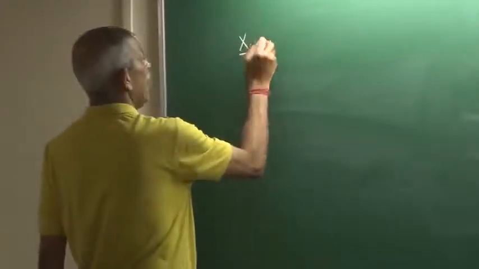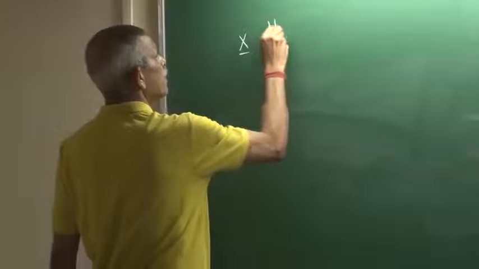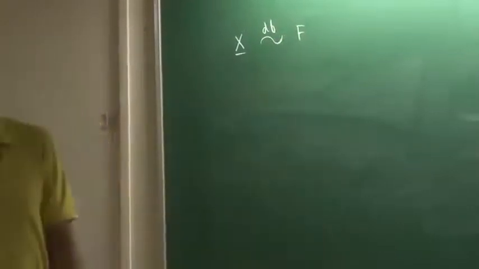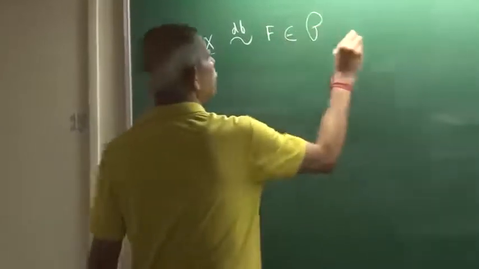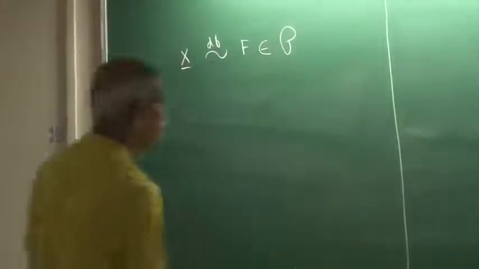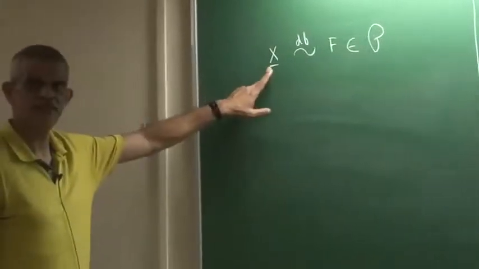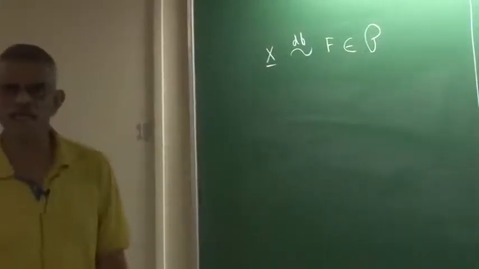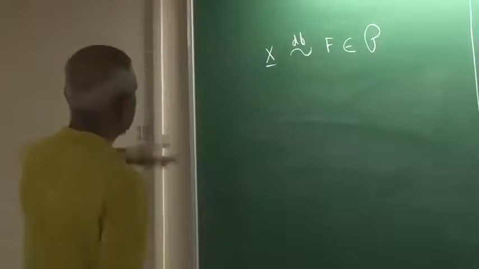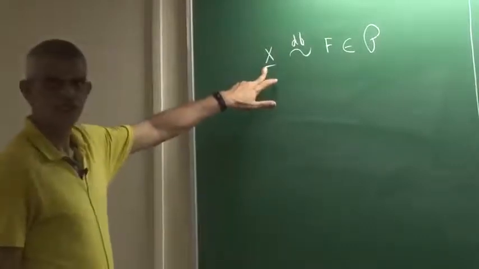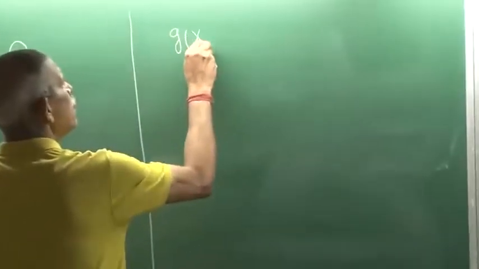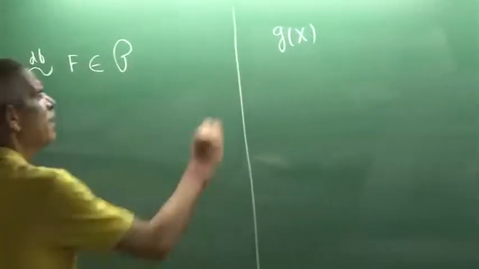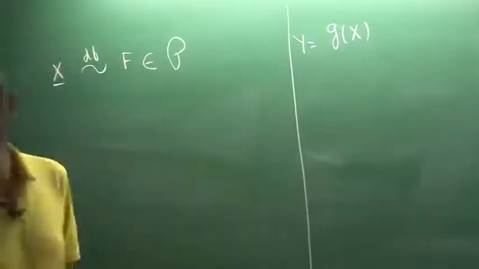So suppose x has a distribution function f, and this f belongs to P. Now there is another situation. This could be height in centimeters, and I am now measuring height in inches. That means you apply a certain transformation to x. So now I have a new observation y, which is g of x.